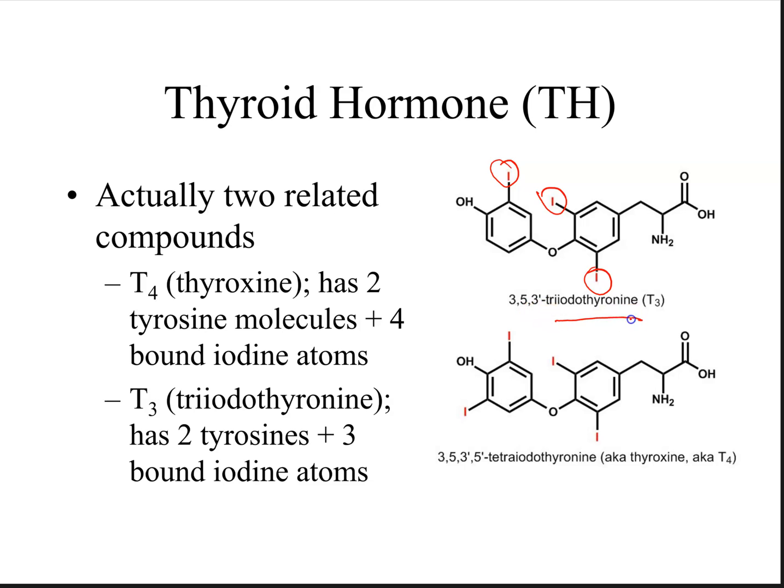So right over here is T3 and this is T4. You can see it has 1, 2, 3, 4 iodine molecules. So from the structure, you'd be able to understand that iodine is important for proper synthesis of thyroid hormones.